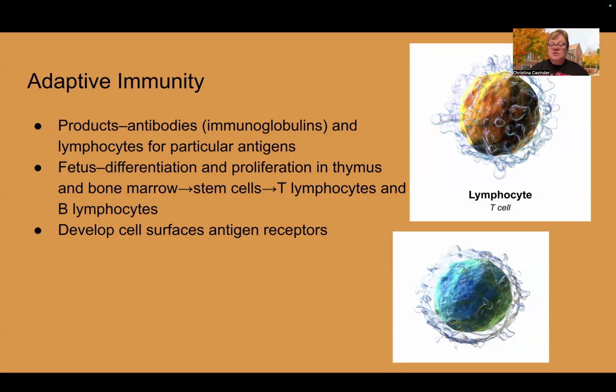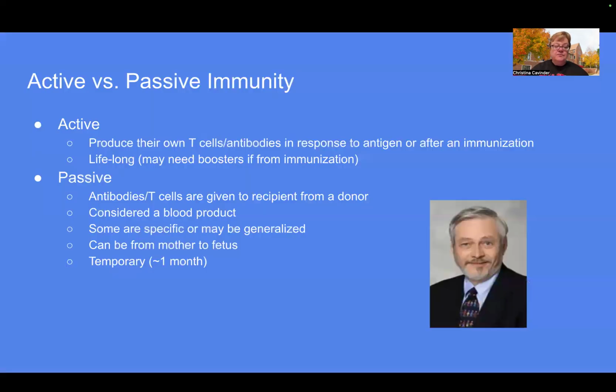For lymphocytes, you have T lymphocytes and B lymphocytes. In the fetus, you have differentiation and proliferation in the thymus and the bone marrow that creates stem cells, and those stem cells then create the T lymphocytes and B lymphocytes. And these develop antigen receptors on their cell surfaces.